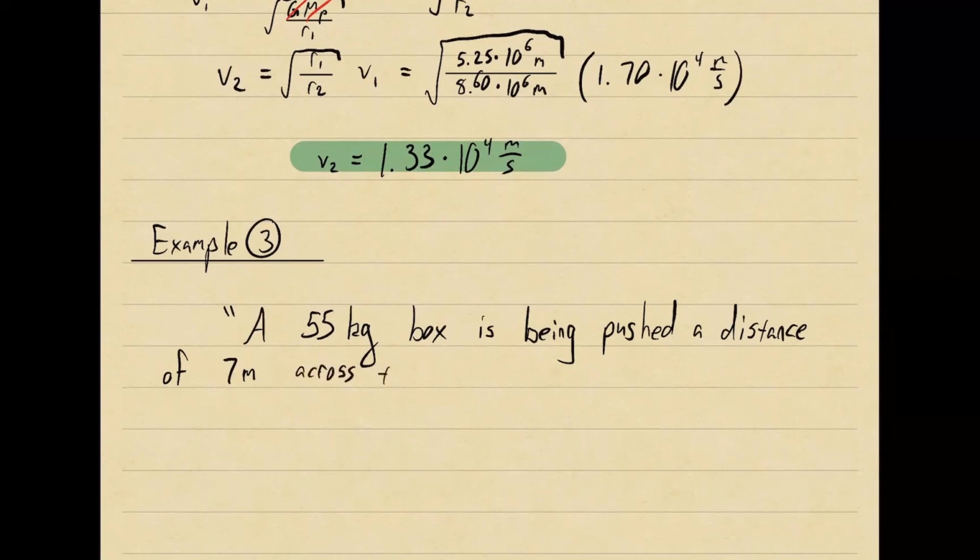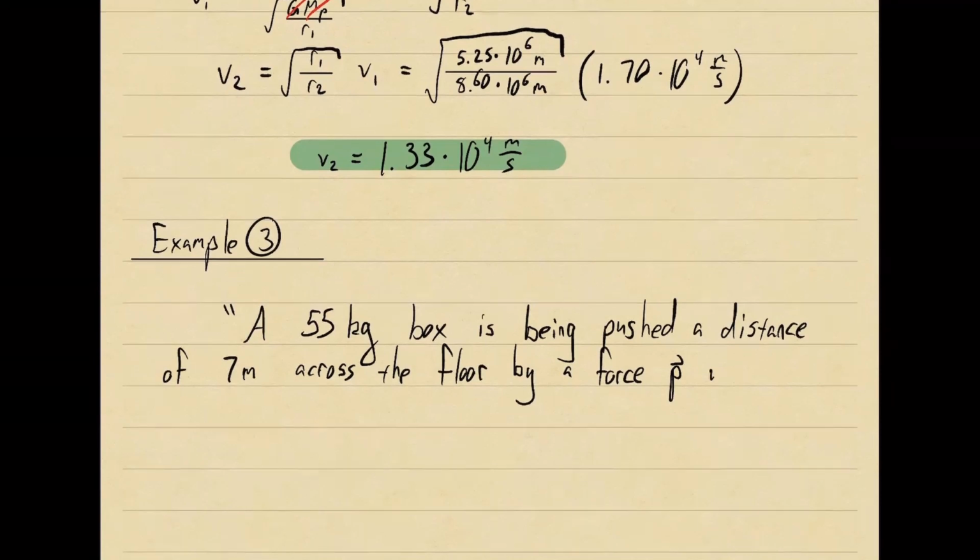This force is going to be called P for the pushing force, not to be confused with the linear momentum. So pushed across the floor by a force P, whose magnitude is 150 newtons.